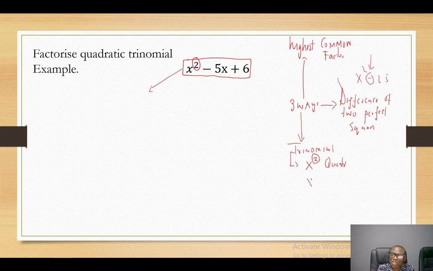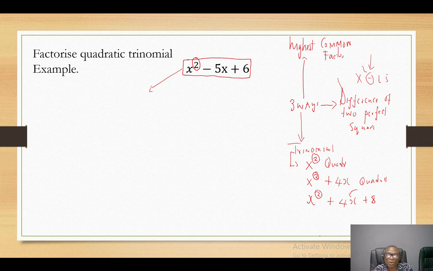Even if you have x squared plus 4x, this is still quadratic. Why? The highest exponent is 2. Even if you have x squared plus 4x plus 8, this is still a quadratic because the highest exponent of our variable x is 2.